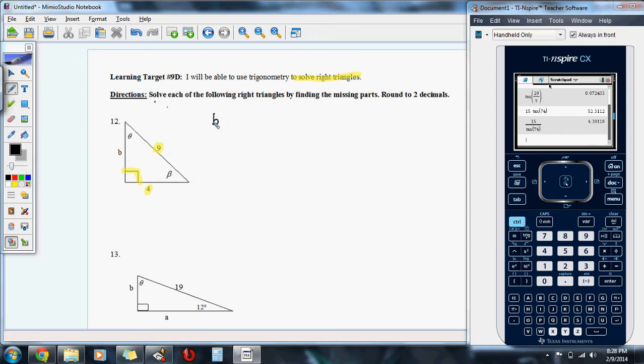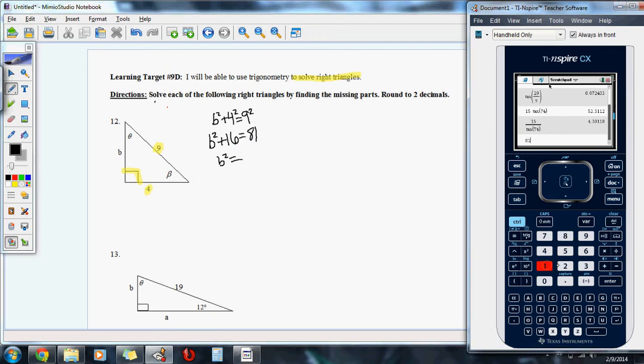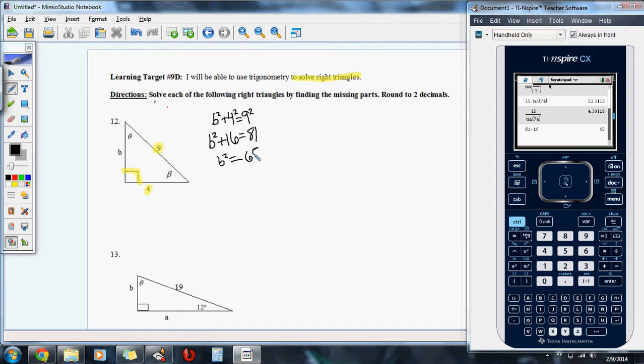So what I'm actually going to do first is b squared plus 4 squared equals 9 squared. And I'm just going to find out one of the missing parts the way I know how, with Pythagorean theorem. So b squared plus 16 equals 81. b squared equals 81 minus 16. 81 minus 16 equals 65.